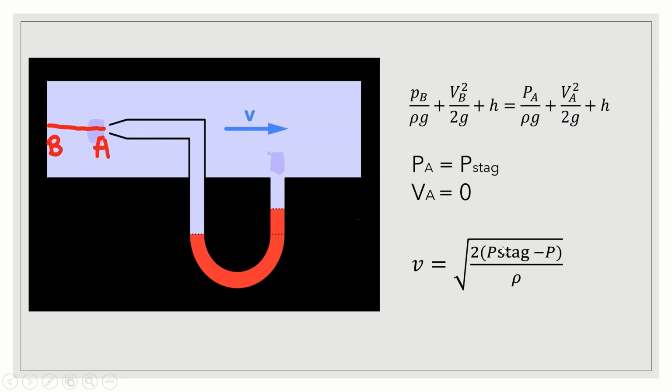P stagnation is the total, the sum of the two terms, and this is the first term P. So V is equal to root over 2 times (P stag minus P) upon rho. So P stagnation is the sum of the first two terms in Bernoulli, and this is the first term. So we are subtracting it to get the velocity at the center line.